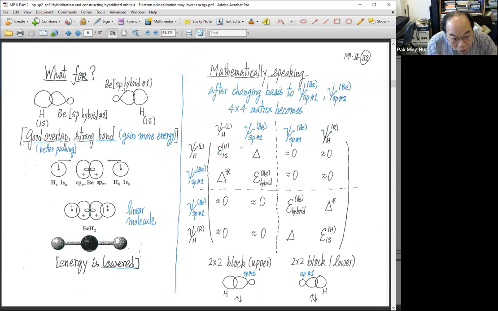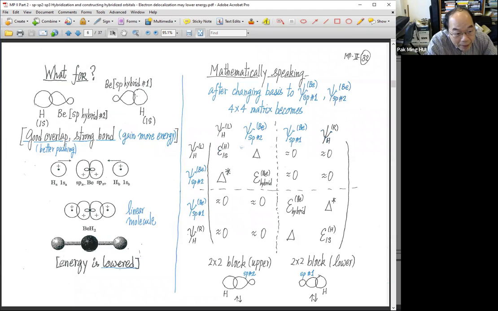The integral of this thing with the Hamiltonian in the middle and the 1s from hydrogen on the right, do this integration, that will be a bigger number. This bigger number will appear in the off-diagonal term. They will push the MO lower in energy, okay?